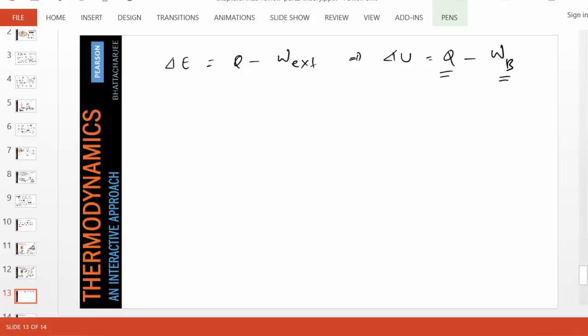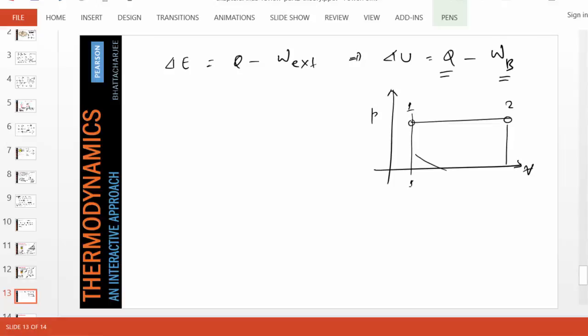But one thing for sure, the boundary work is really easy to find, because if you draw a P-V diagram, the pressure is constant, right? So if you go from state 1 to 2, this is my boundary work.